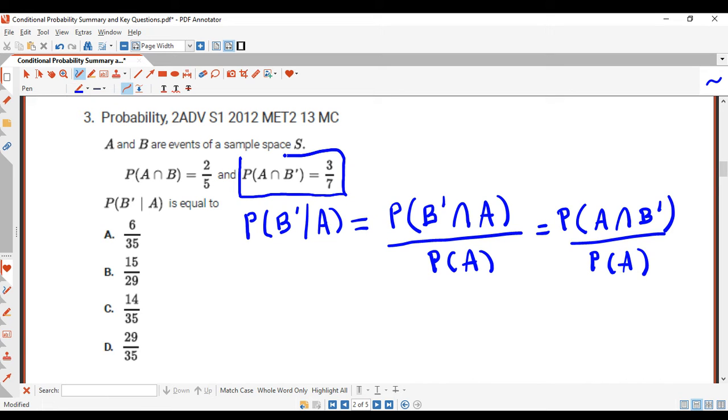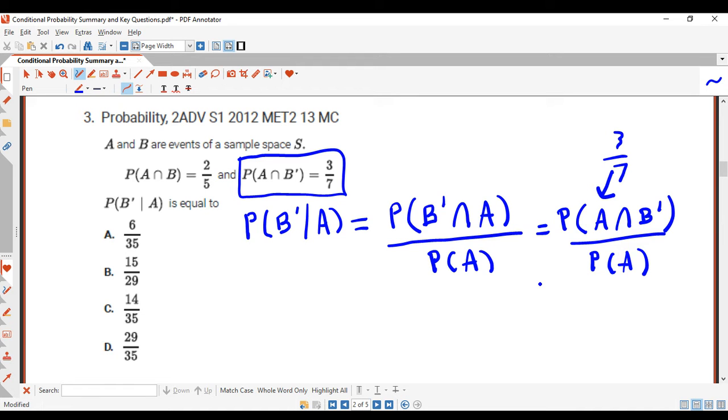So we already have half of the question done. We have this part here, the numerator, that is 3/7. So the probability of A intersect not B is 3/7, and we just have to work out the probability of A.